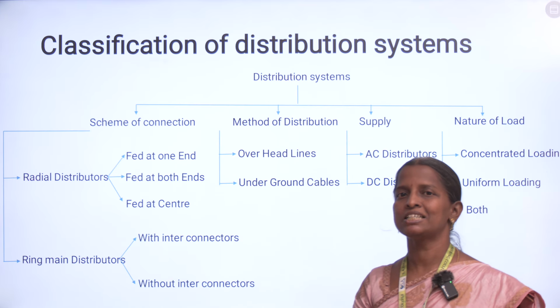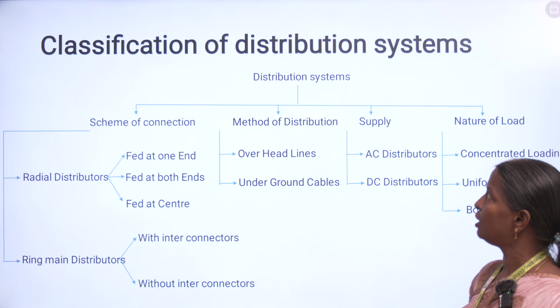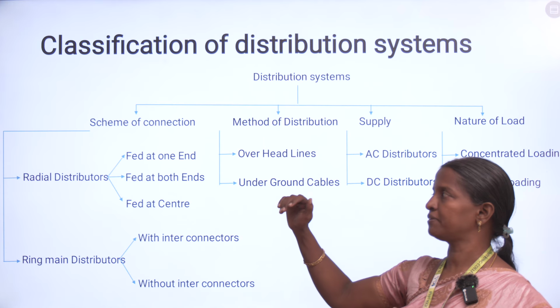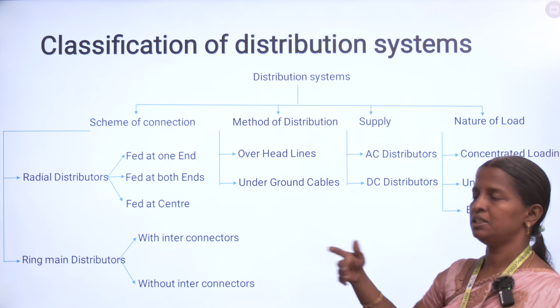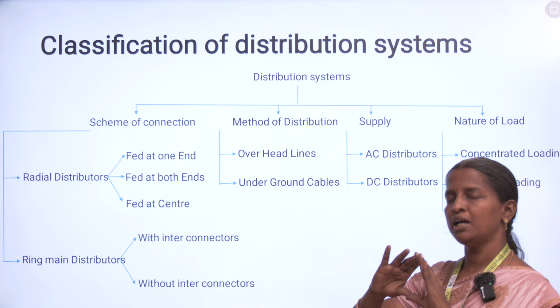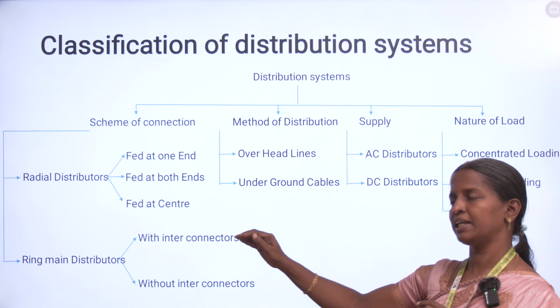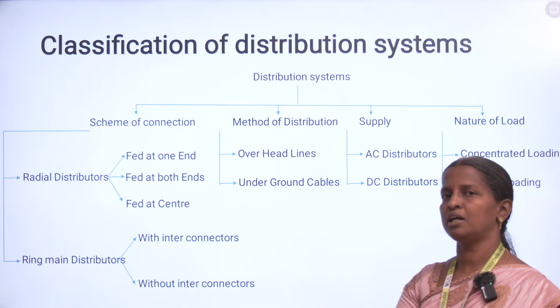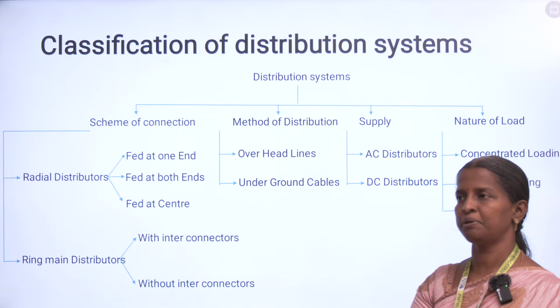Next we will see the classification of distribution systems. How the distribution systems are classified. The first one is based on the scheme of connection, how we are connecting. That is, if you are having distributor mains, you may use a radial distributor, that is just like a line, it is called radial distribution, or otherwise you may form a circular conductor, it is called ring main distribution.